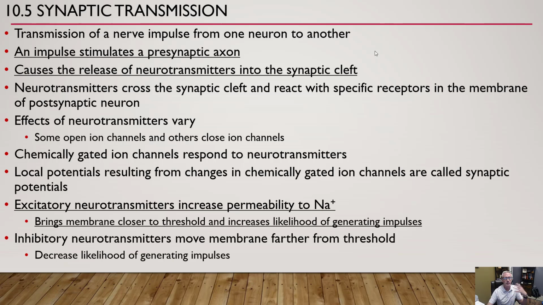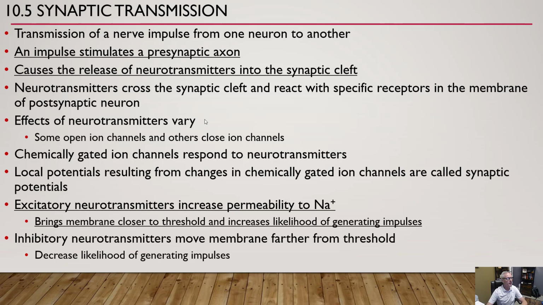That impulse will stimulate that presynaptic neuron, or that axon, which causes that neurotransmitter to be released into that synaptic cleft. And then the dendrites of that postsynaptic neuron will pick up the neurotransmitter that was released by that presynaptic neuron.